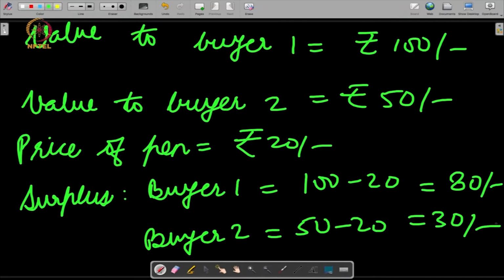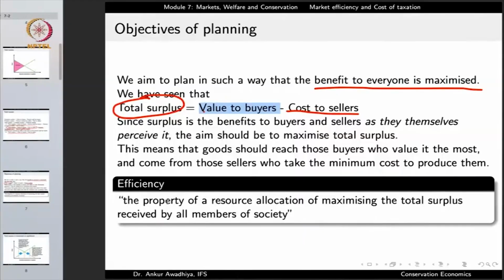Now, if the aim of planning was to maximize the surplus, then we would want the pen to go to buyer 1, because if it goes to buyer 1, then the total surplus from the viewpoint of the buyers, it increases by 80 rupees. Whereas if it goes to the second buyer, the total surplus from the point of view of the buyers, it increases only by 30 rupees. Now, if we are trying to maximize the total surplus, we should work in a way that the value to the buyers is maximized.